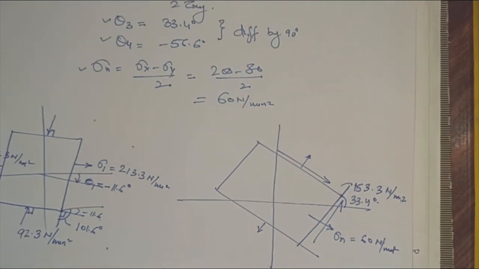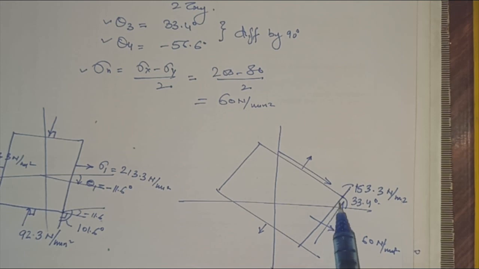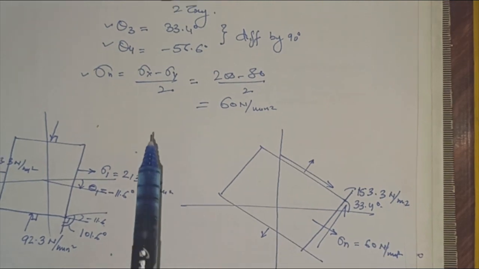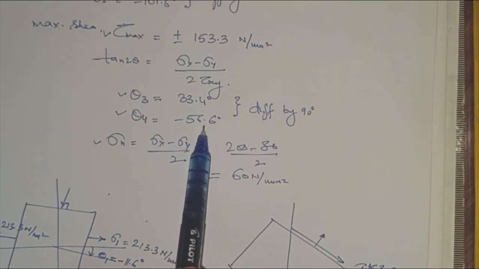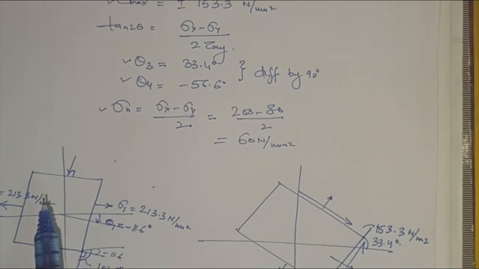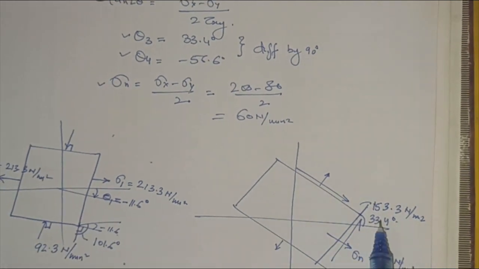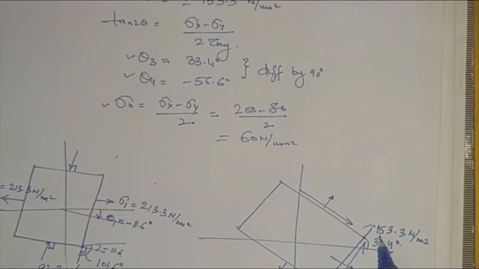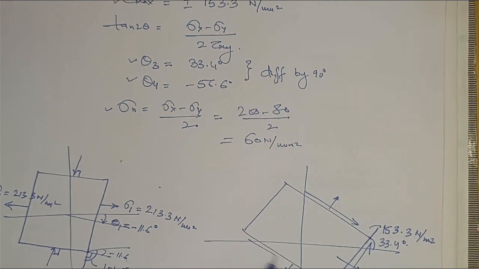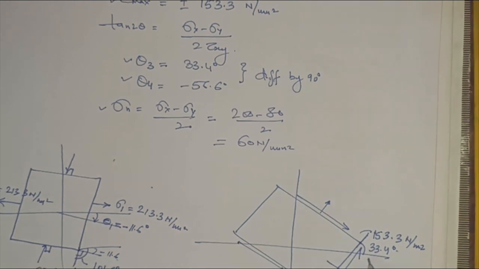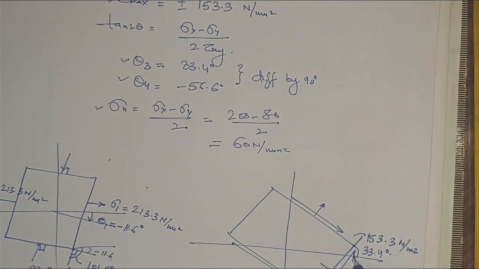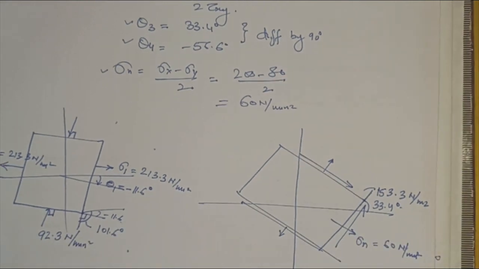And the other plane, with minimum shear, is oriented at minus 56.6 degrees. Again the difference is 90 degrees only. Remember that the shear values are the same: 153.3 positive and 153.3 negative.